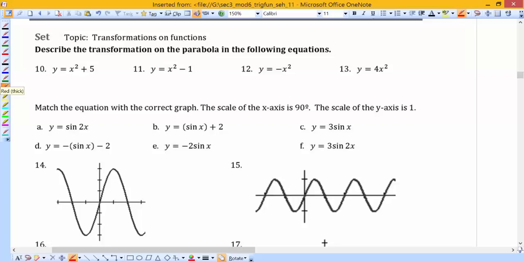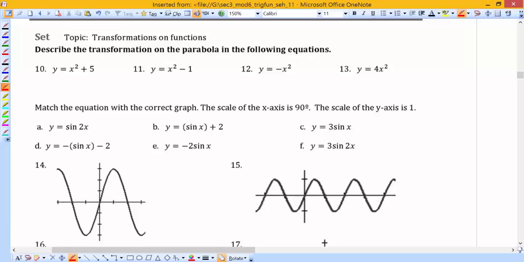So transformations, that's something that you started to see in Math 2, and I just briefly want to talk about what the different transformations are. We are actually going to do 10 through 13.